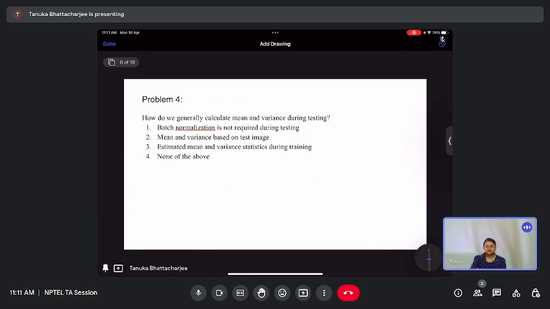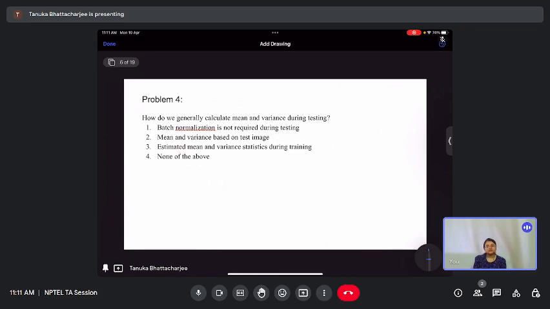During training you have done the batch normalization. Let's consider the input layer. You have done the batch normalization on the input layer and modified the data distribution, made it some normalized distribution, and you have learned all your weights and biases based on this normalized distribution.